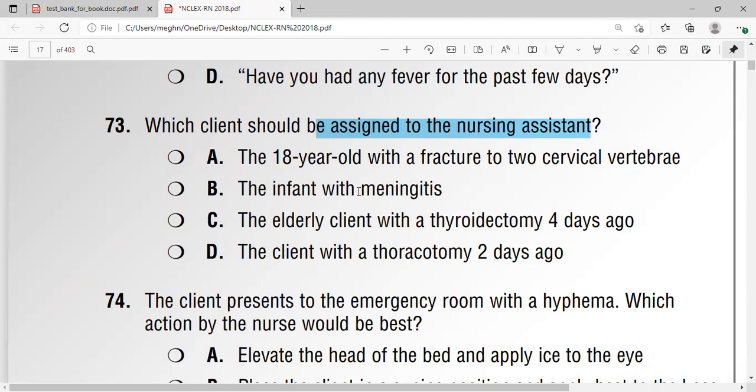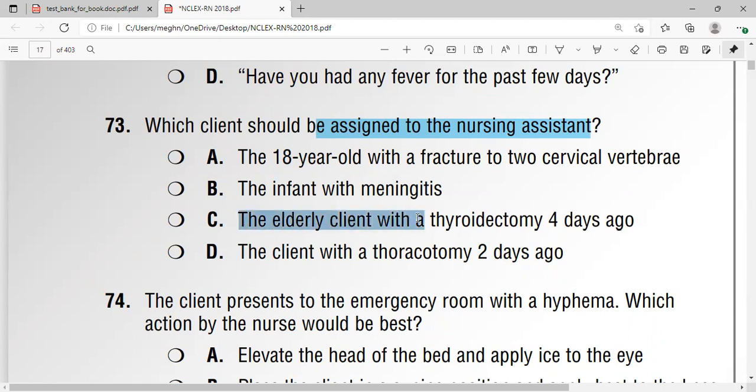B, an infant with meningitis. C, an elderly client with a thyroidectomy 4 days ago. And D, a client with a thoracotomy 2 days ago. So the correct answer is number C.